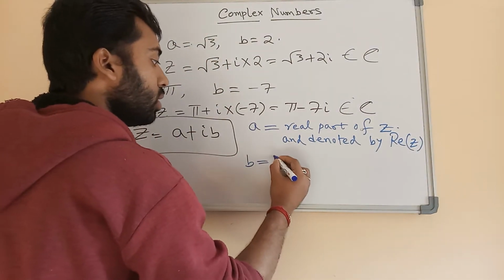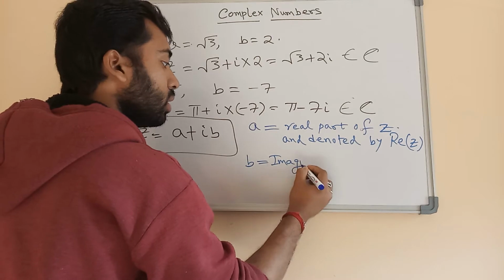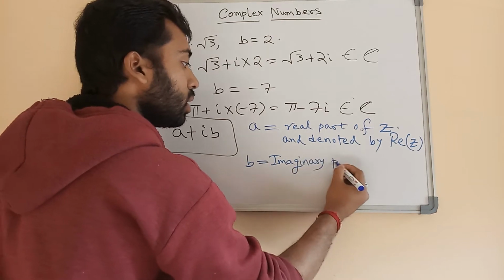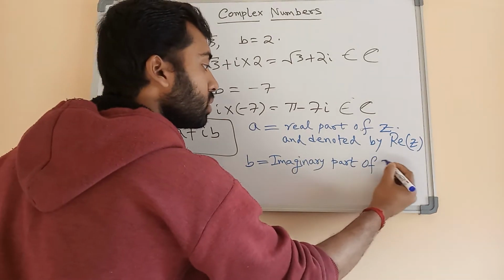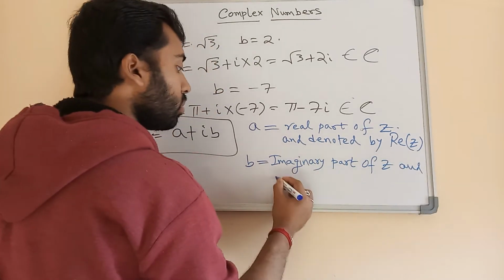Similarly, b is called the imaginary part of z and is denoted by Im(z).